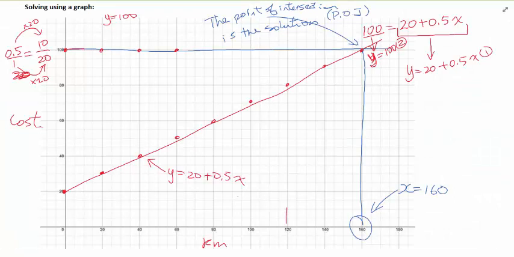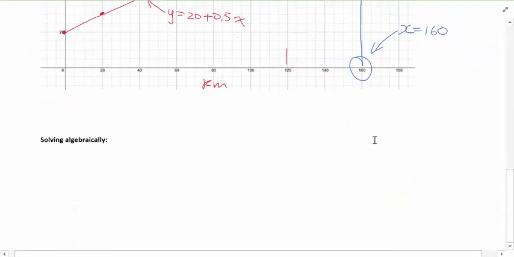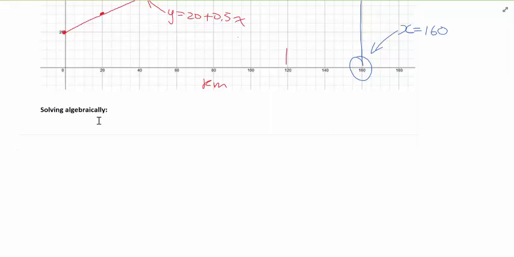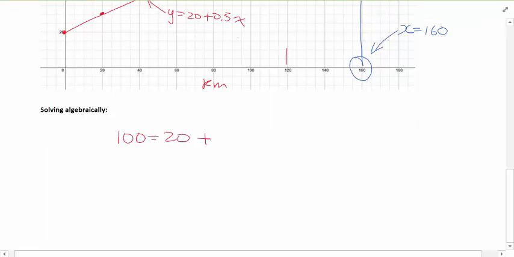And I hope you did this already somewhat in grade 8 or whatever other grade. So let's try it here. So here is our equation that we have to solve. 100 is equal to 20 plus 0.5x. Now, what are we solving for?